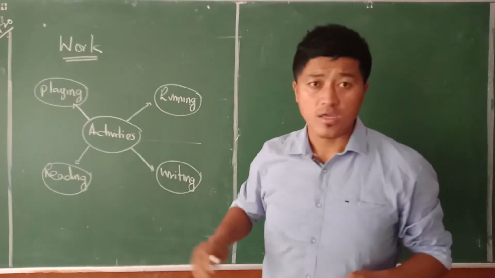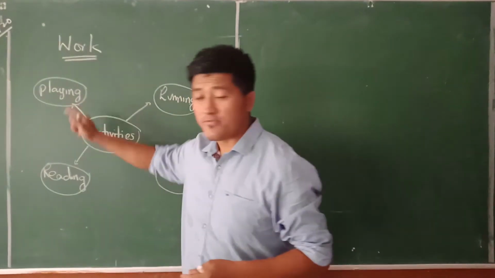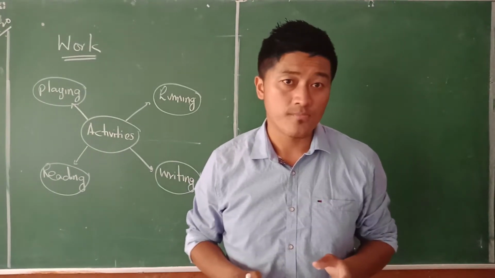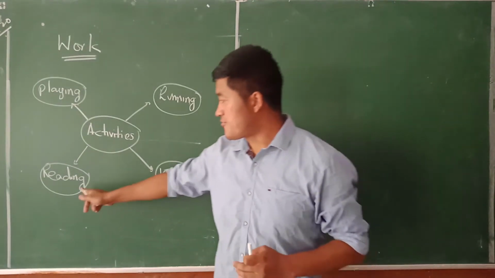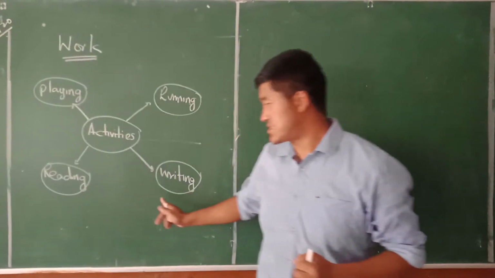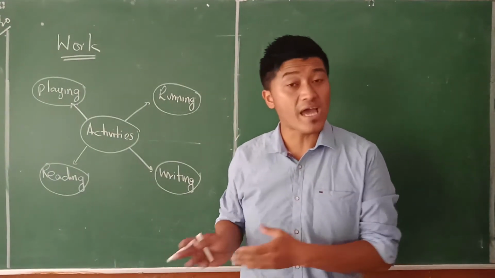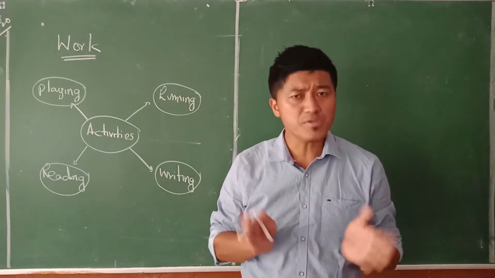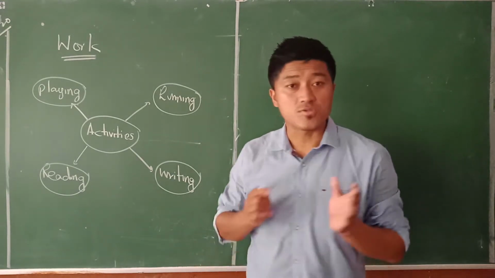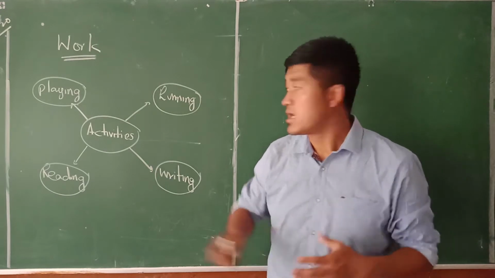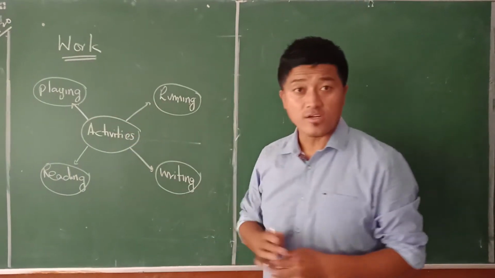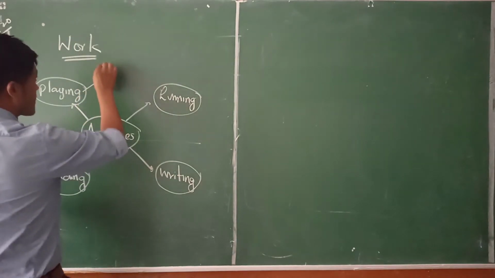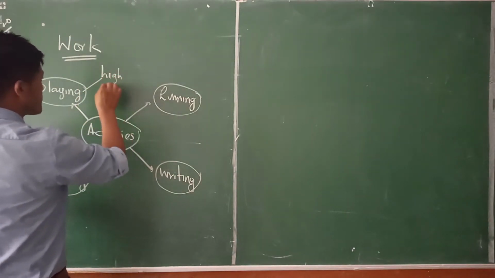Playing and running need a lot of energy, whereas reading and writing need energy, but not that much amount of energy like we need in the case of playing and running. So, high energy.